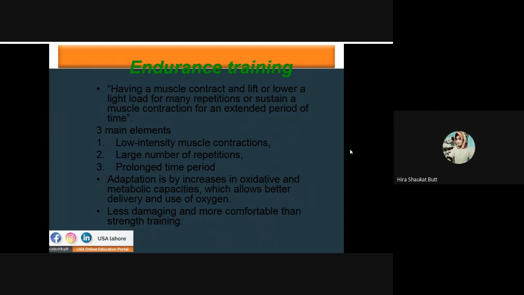So the body will work in a very coordinated and systematic manner when the patient is going through endurance training.